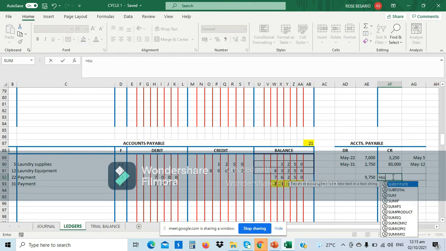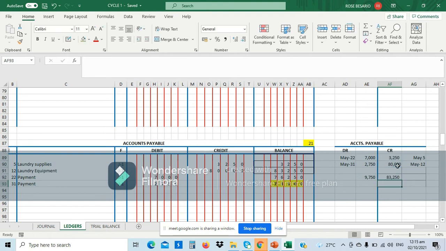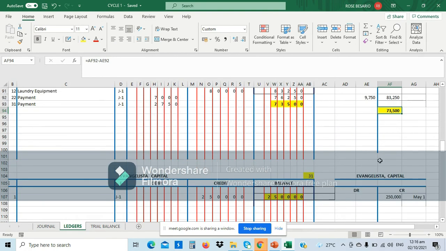Then this is equal to 83,250. So get the difference. The credit column must say the higher amount. So you place the balance here. So this is equal to 83,250 minus 9,750, 73,500. So we have the same amount as in the three-column ledger.